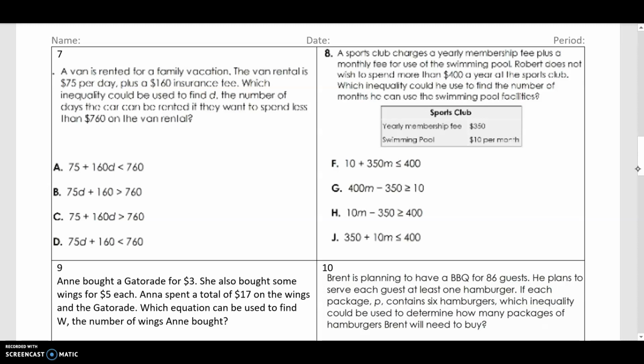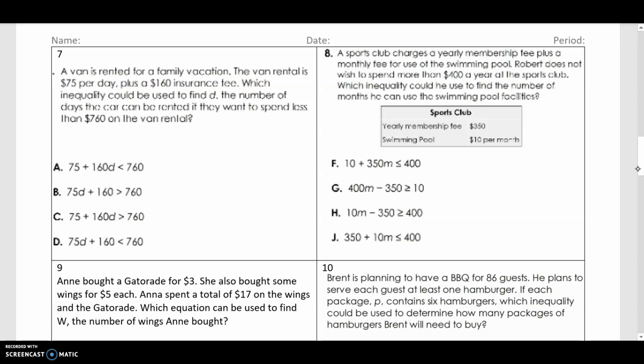All right, number 8 says a sports club charges a yearly membership fee plus a monthly fee for use of the swimming pool. Robert does not wish to spend more than $400 a year on all at the sports club.